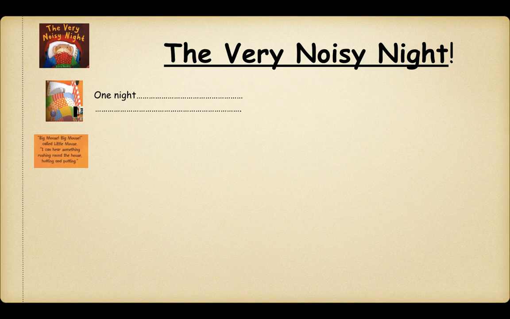The second one, I'm going to read this because you need to draw a picture of what the sentence tells you. I'll read it first and I'll explain. Big Mouse, called Little Mouse, I can hear something rushing round the house, huffing and puffing. Who was saying that?